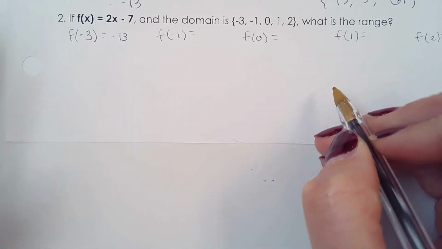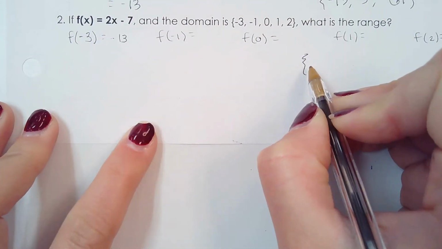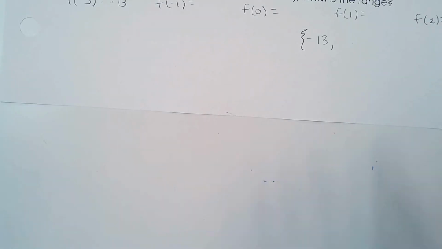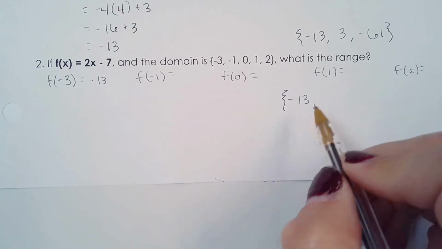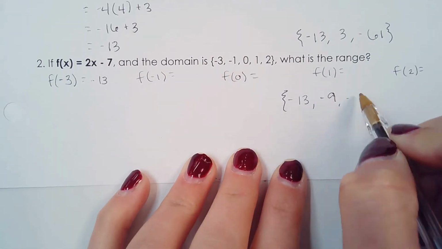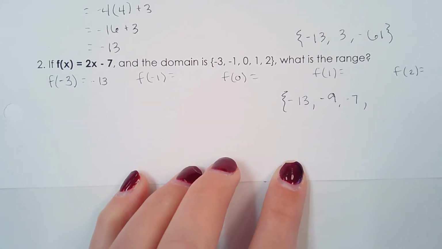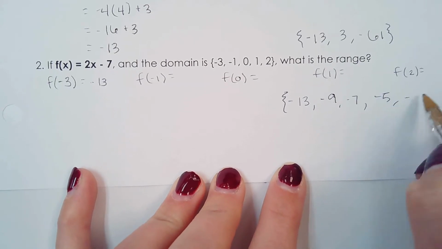How do we write our answer? Negative 13. What do we get for the other ones? Negative 9, negative 7, negative 5, and then negative 3.